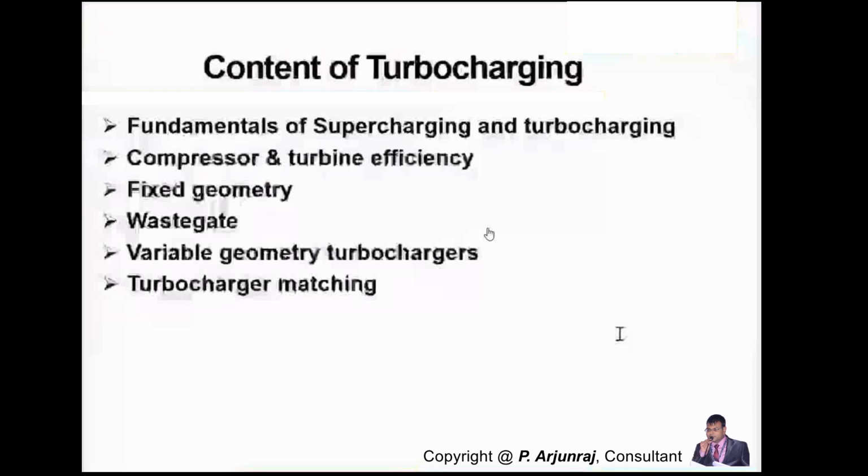So these are all the contents that we will be seeing in turbocharging. We will be seeing the fundamentals of supercharger and turbocharger, and then the efficiency wise. You have components called compressor and turbine, and we'll be seeing the efficiency of these things.